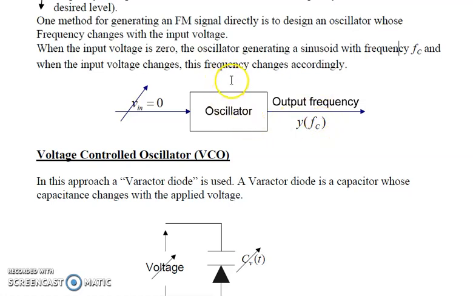Here one more input is there, that is the carrier frequency. In this diagram only one input is visible, but you must know that since this is the generation of a modulator, there will be two input signals: one is the message signal and another is the carrier signal.